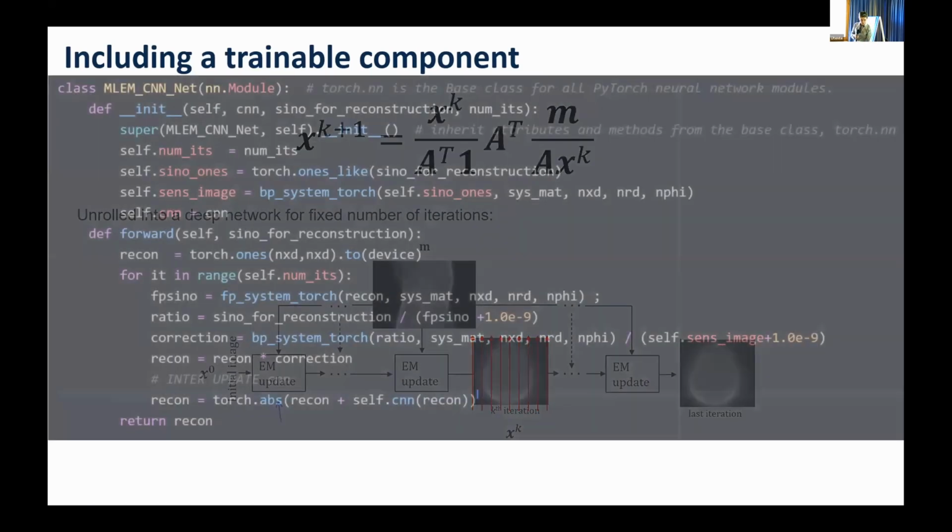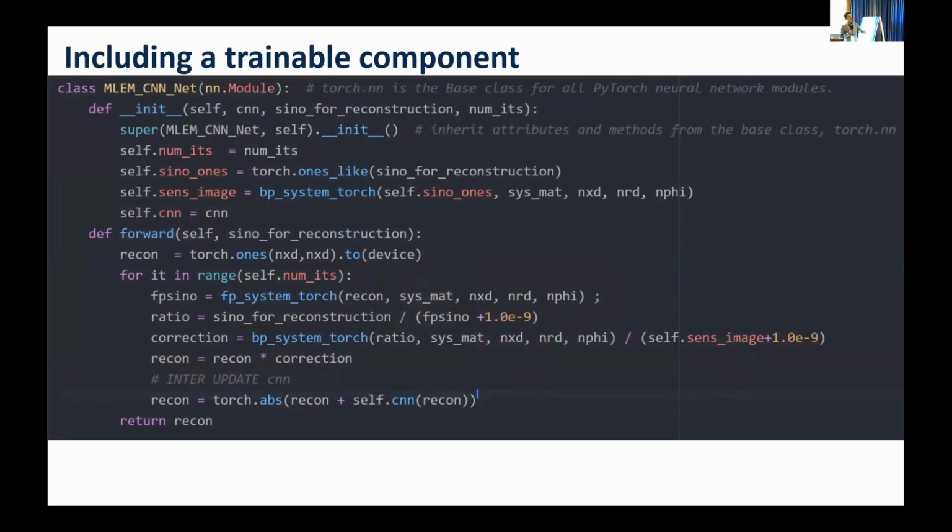Right, okay, so now then, I'm going back to that slide before where I had the unrolled MLEM architecture. All I've done is introduce those changes, which I hope you can just about see. I'm now passing a trainable CNN to my MLEM deep network that before wasn't trainable.